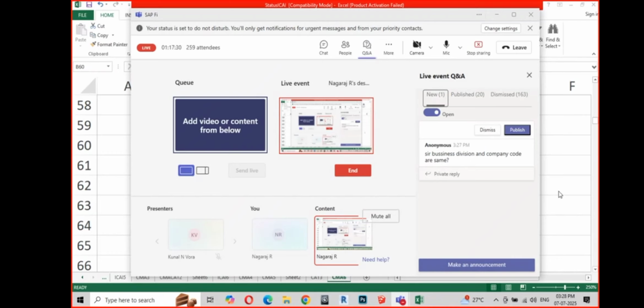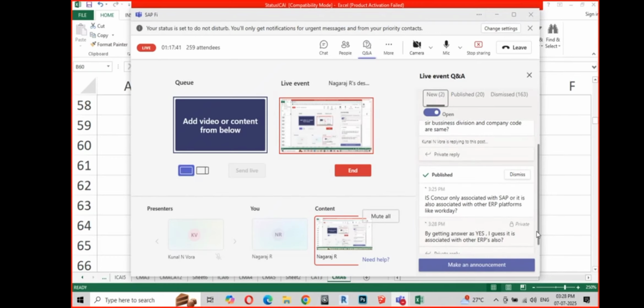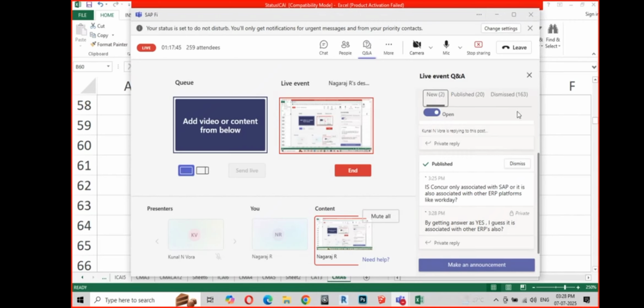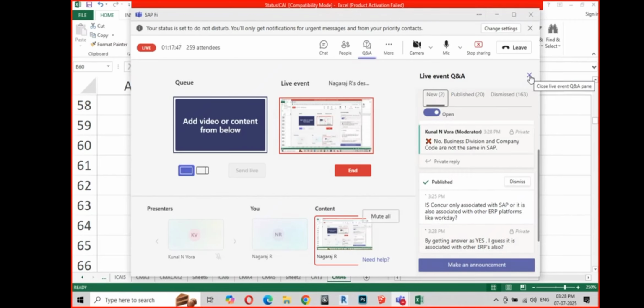Okay, Kunal, I'll take up this question. He has asked whether the business division and company code are the same. Right, I'll take up this question.